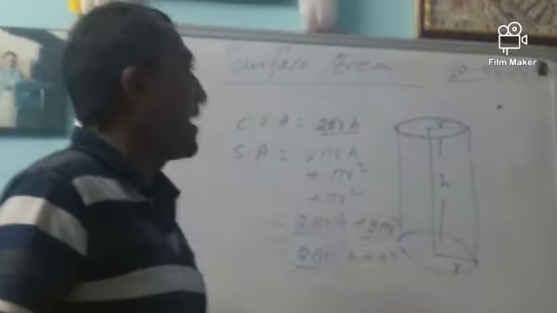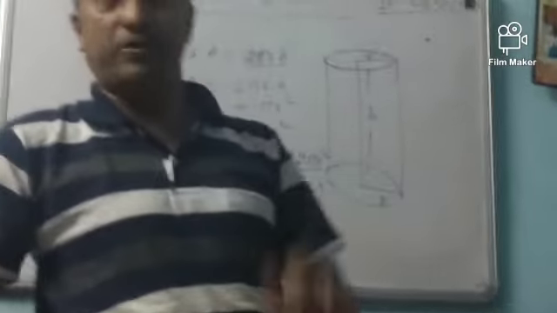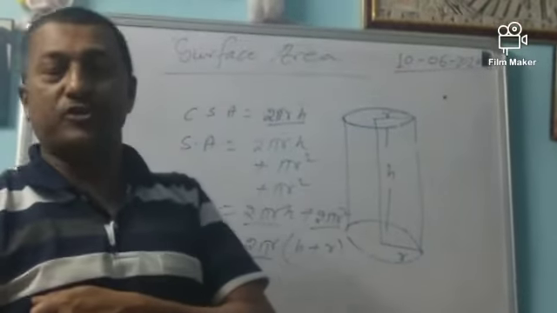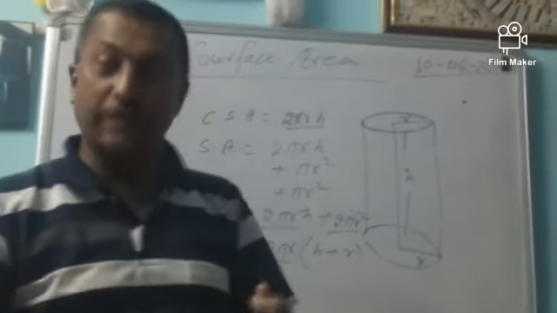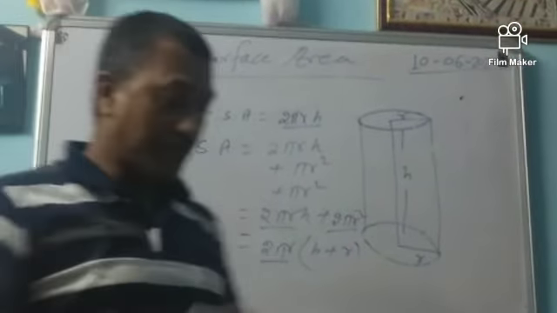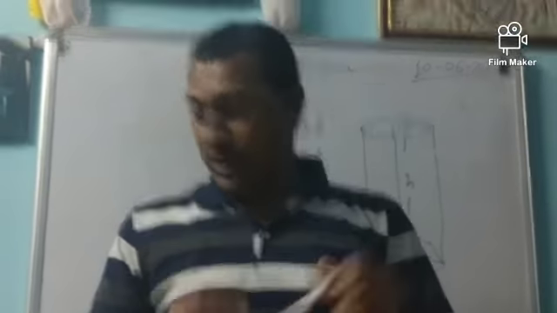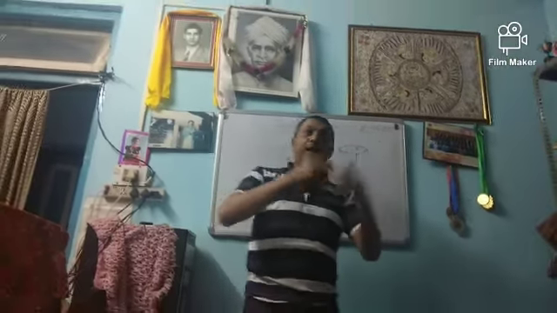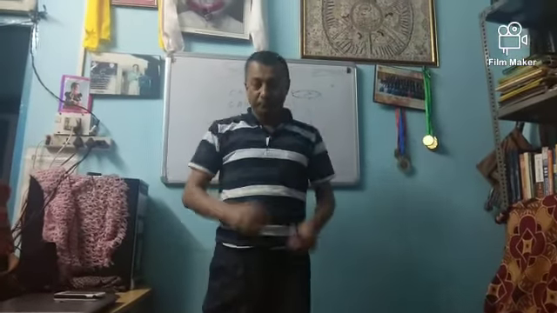So based on that, whenever we are learning a formula, we have to first try to understand the concept of the respective three-dimensional shape. Like I told already, when we discussed the cube first, there are 6 faces. When we find the area of each face, based on that we find the total surface area.